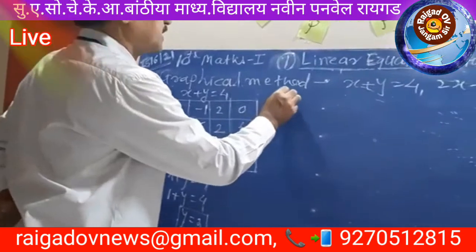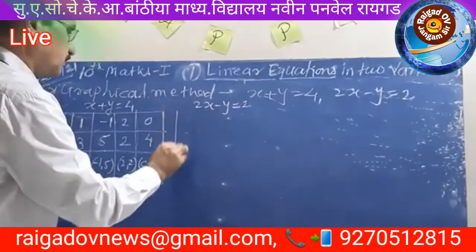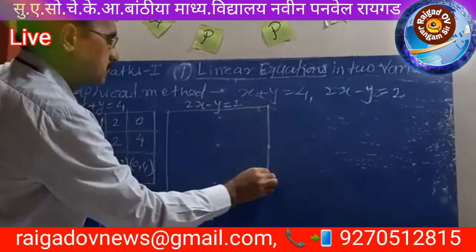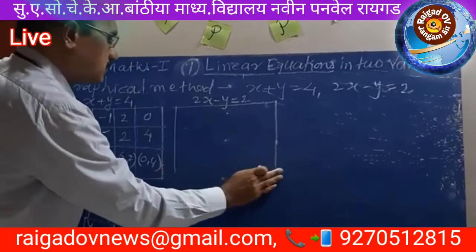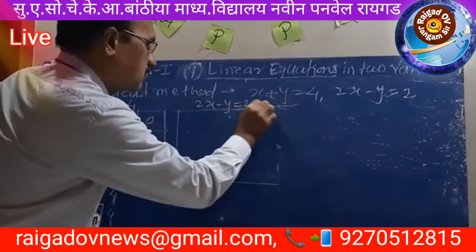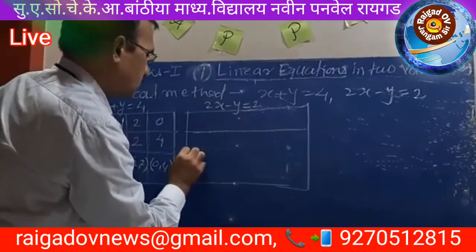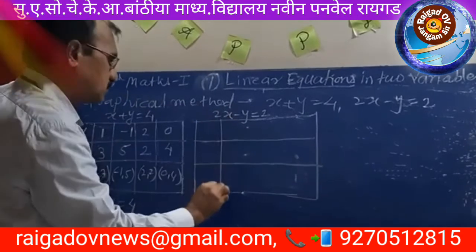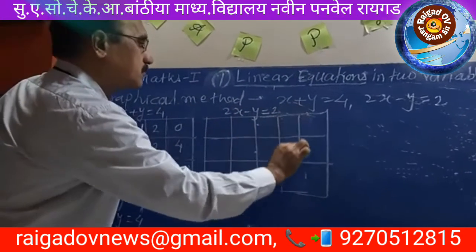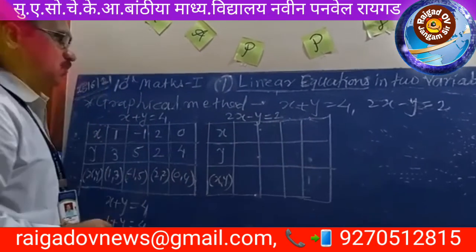Now here second equation is 2x minus y is equal to 2. Here is x, y and (x, y).